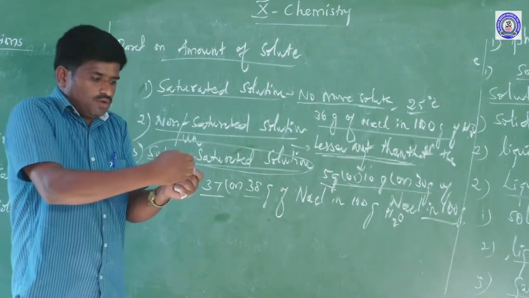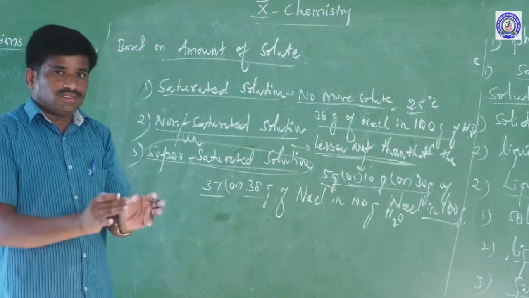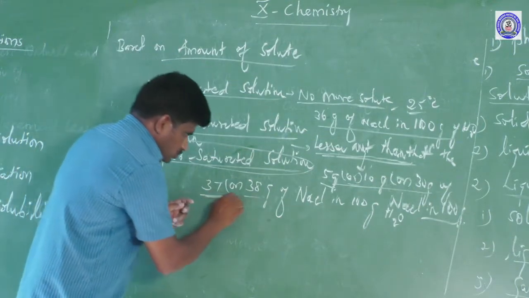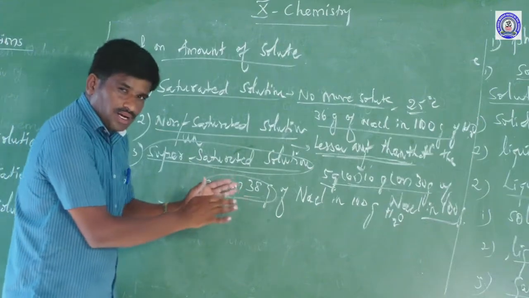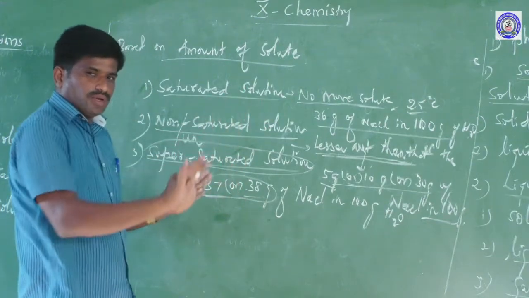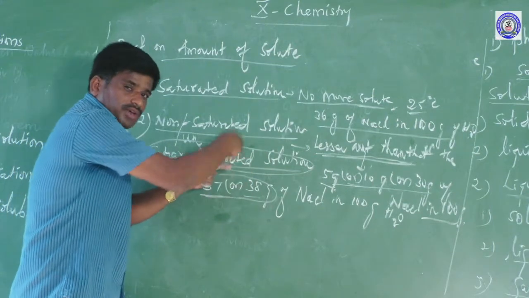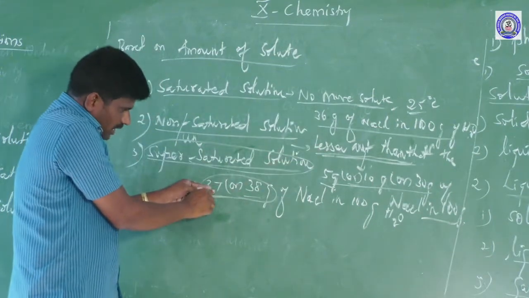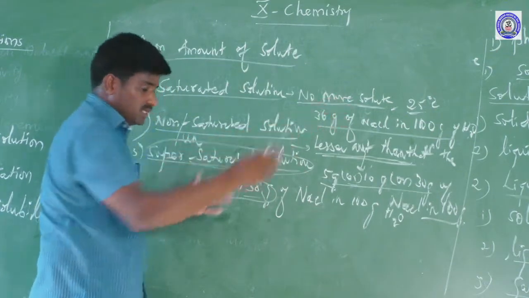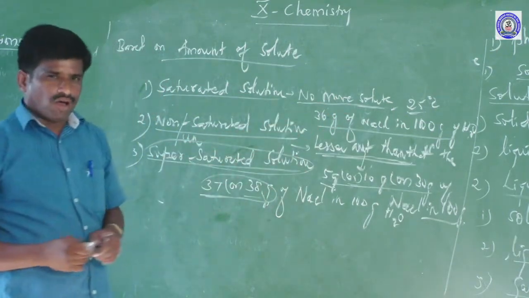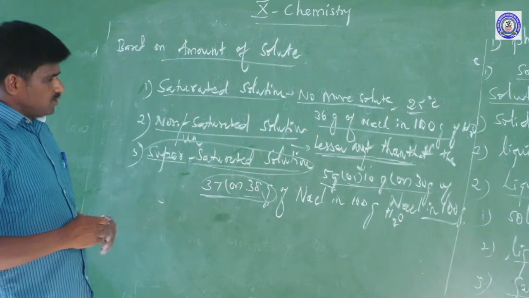We can add 1 or 2 gram after the saturation, and that can also be dissolved in such a solution. Those solutions are called supersaturated solutions. Here we are not increasing the temperature. At the same temperature, we are just increasing the solute by 1 gram or 2 gram. We cannot add more than that. Such solutions form supersaturated solutions. So this is the example for the supersaturated.